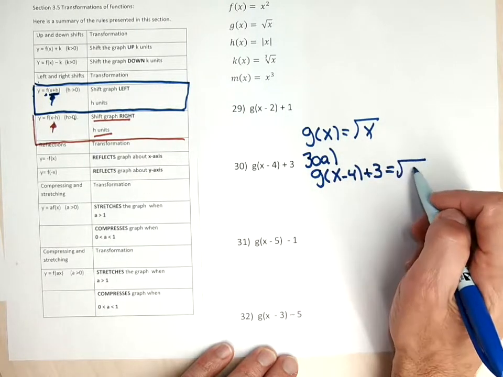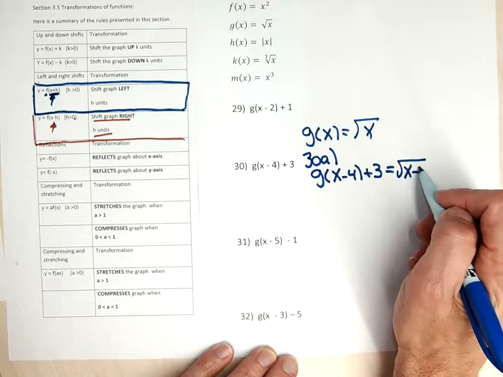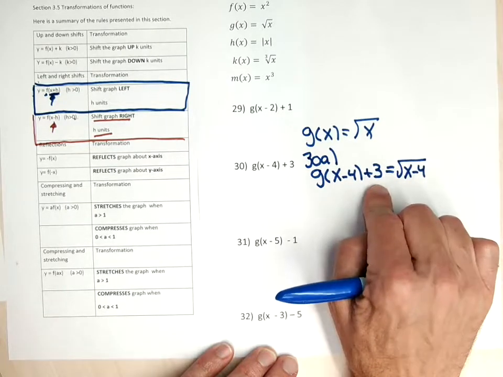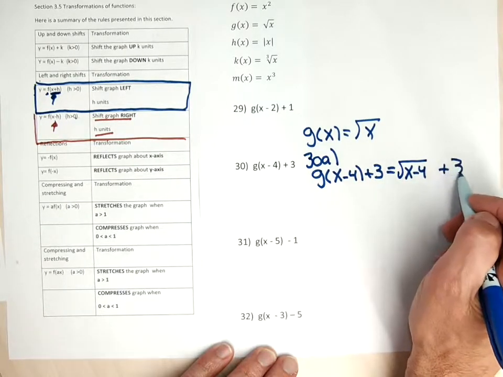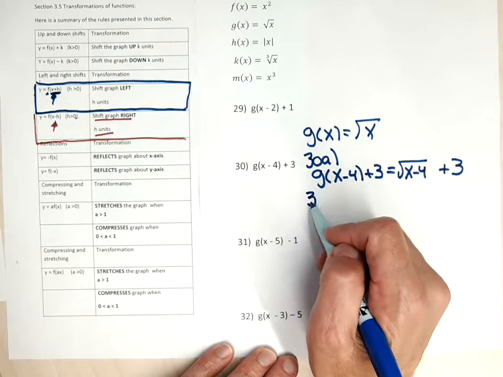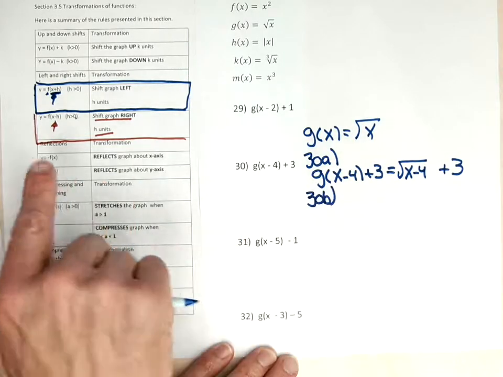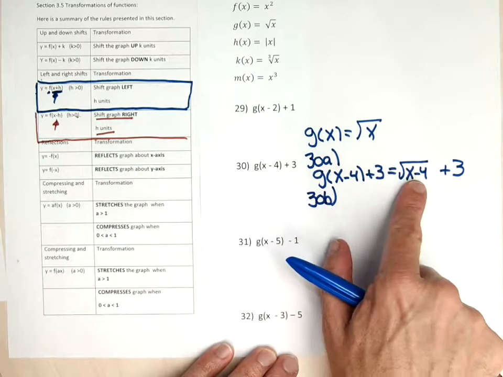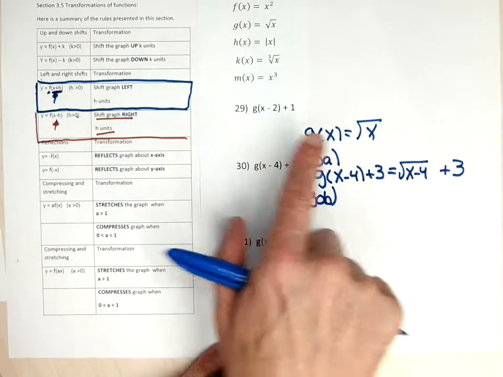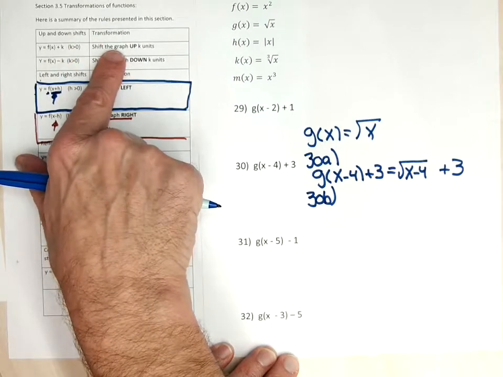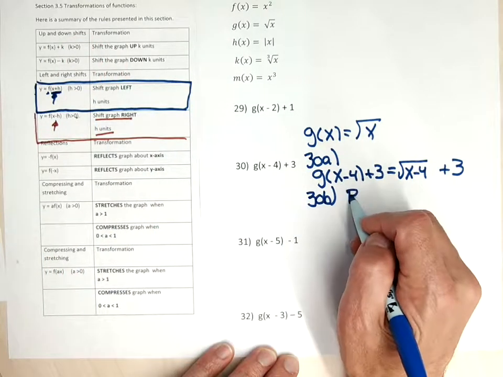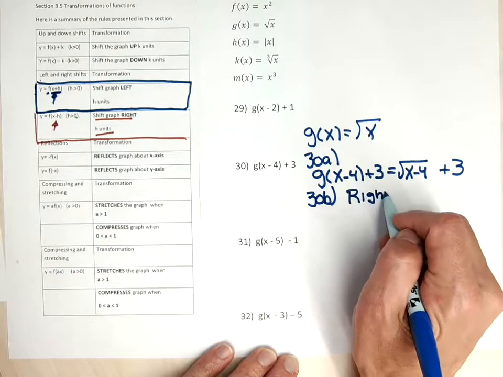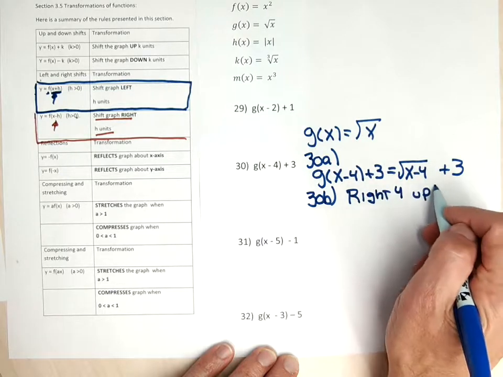I don't need a parentheses because the square root symbol is working like a parentheses, and the plus 3 needs to be added after the fact. For part B, minus inside a parentheses moves the graph to the right, so that's going to move the graph to the right 4. Plus after the function moves the graph up. So this graph is going to be moved right 4 and up 3.